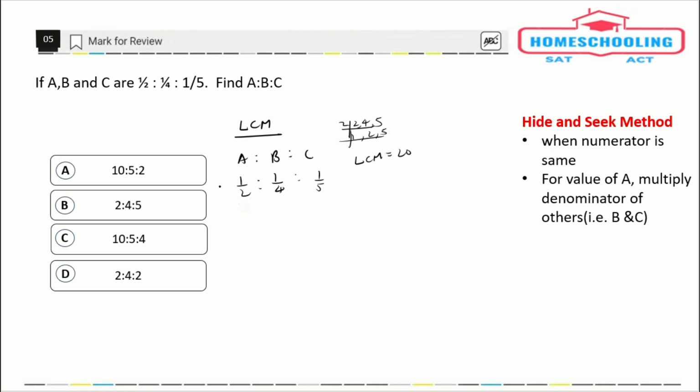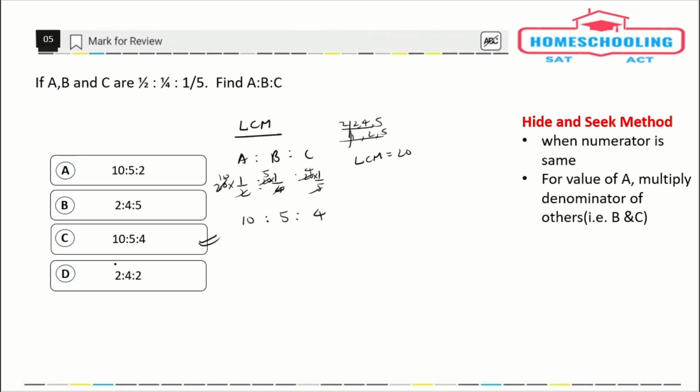So we multiply them with 20. So 10 times, 5 times, and 4 times. So the ratio would be 10 is to 5 is to 4. Option C is your correct answer.